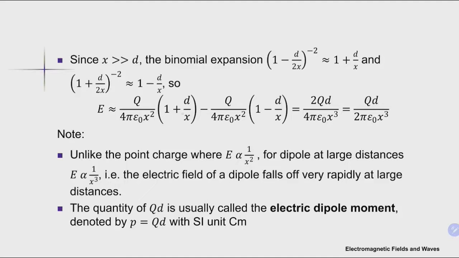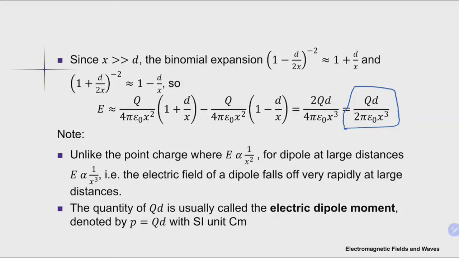So for (1 minus d over 2x) to the power of minus 2 we use 1 plus d over x. And then for (1 plus d over 2x) to the power of minus 2, we can replace that with 1 minus d over x. Simplify this equation, we end up with this equation here.